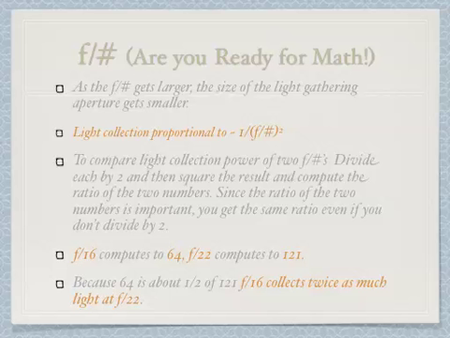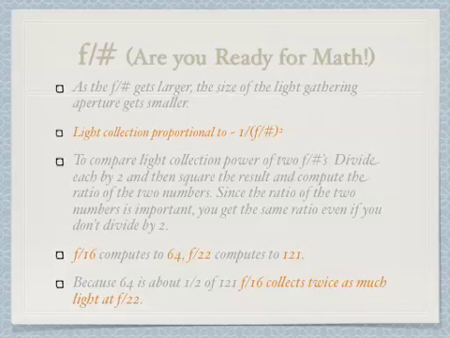To compare the light collection power of two f numbers, there are other ways you can do it, but what I do is take the f number, divide by 2, and then square the result. If I'm comparing two f numbers, I do this for each, and then divide one into the other to tell me the relationship between the light gathering power.